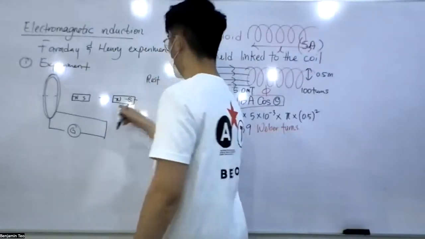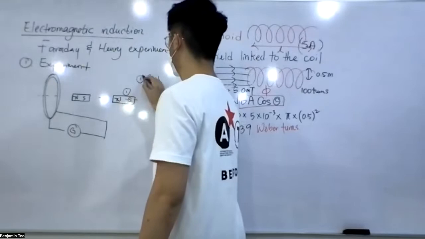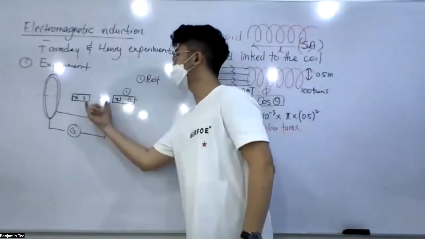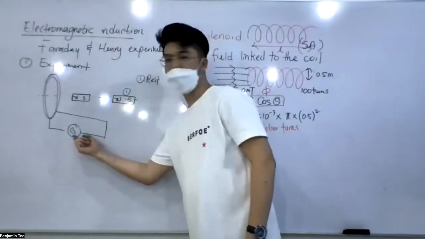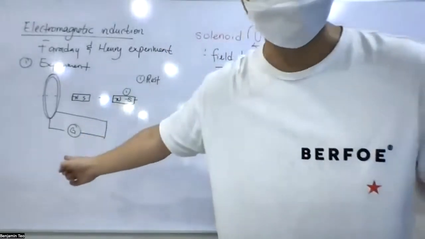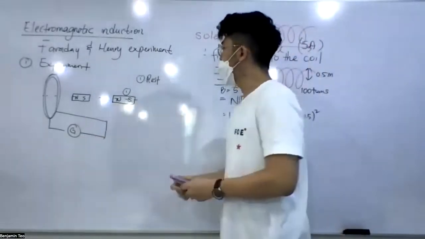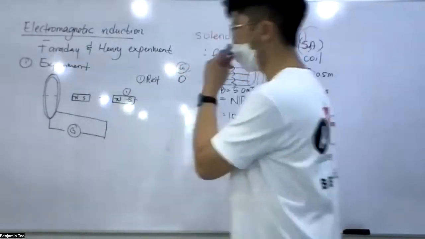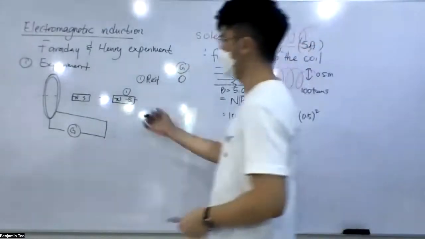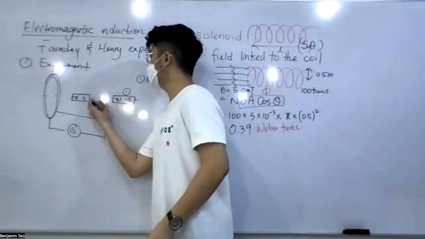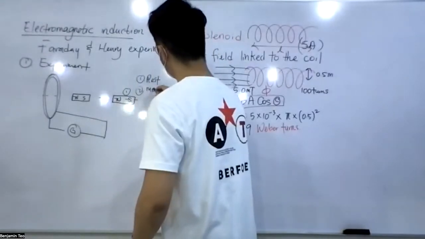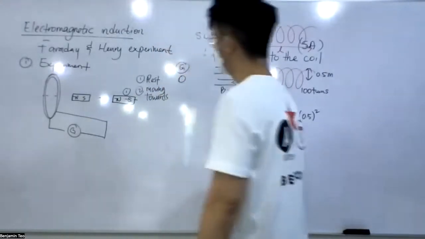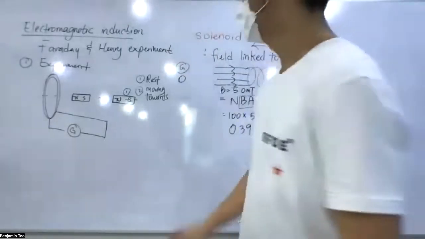Just the wire or a conductor and the magnet. Rest, when the magnet is at this position, number one. They observe, okay, what is the relation between the motion of the magnet and the deflection of the galvanometer? At rest, the galvanometer reading shows 0. Start to move towards it. Okay, number 2. Moving towards.